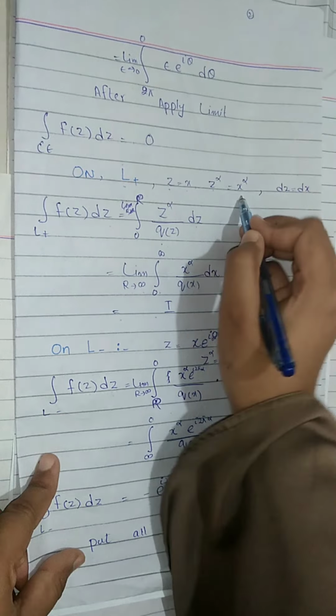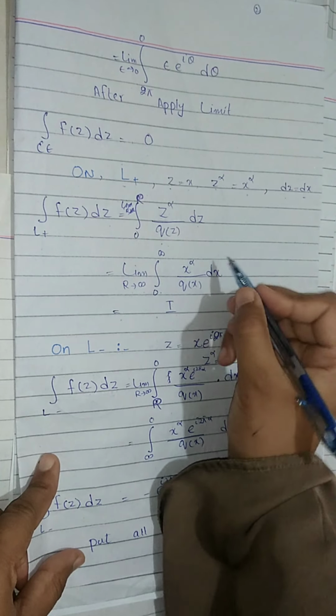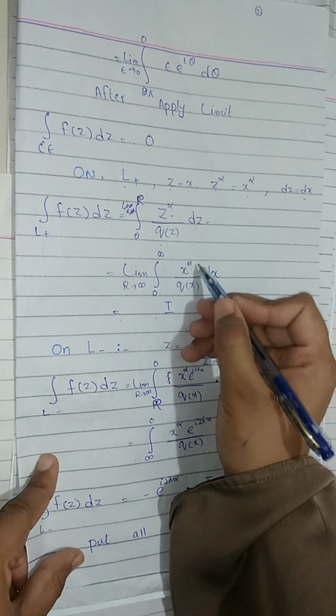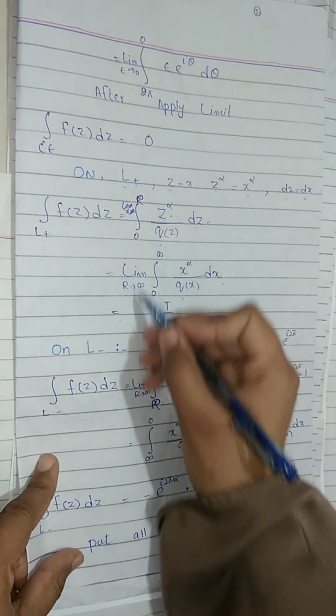When we apply the limit as epsilon approaches 0, this whole integral approaches 0.